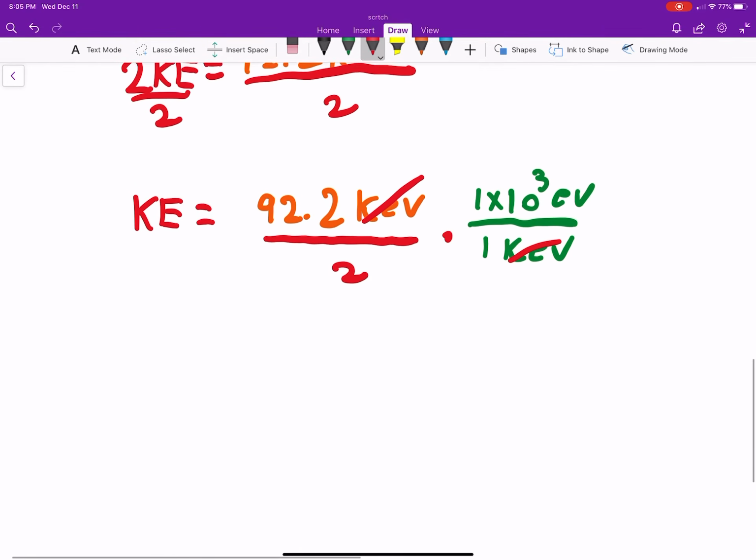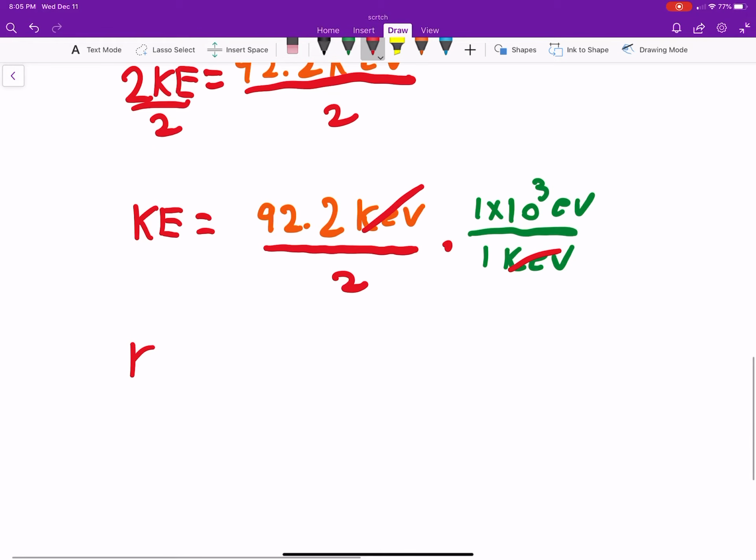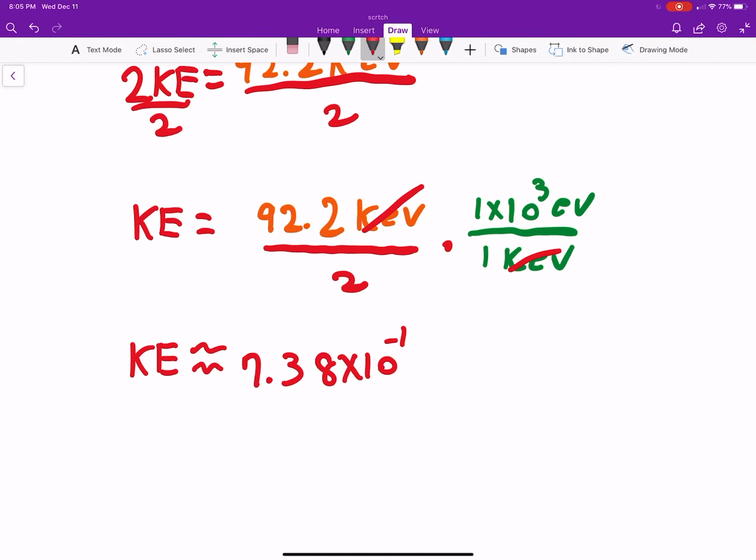Perfect. And if you plug this into your calculator, you should get about 7.38 times 10 to the negative 15 joules.